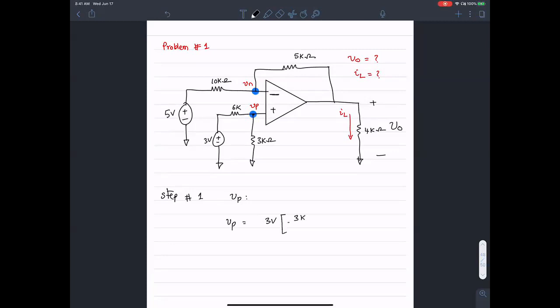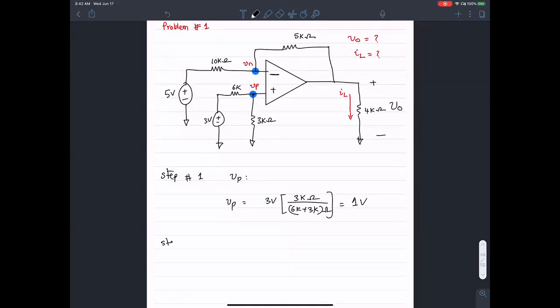So that's 3K by 6K plus 3K. So that's going to be 1 volt. VP is going to be 1 volt. So step number 2 tells me that Vn is same as Vp. It's also going to be 1 volt.